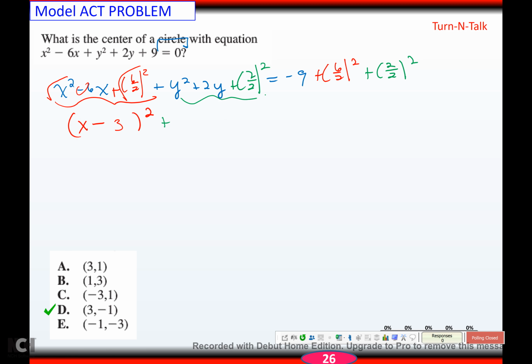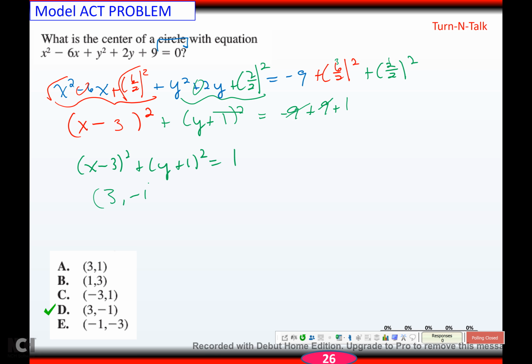Complete the square on y, I have y, sign in the middle is plus, half of 2 is 1, so y plus 1 squared equals, this is going to be negative 9, plus 3 squared is 9, plus 1 squared, 1. Those cancel, and I have x minus 3 squared plus y plus 1 squared equals 1. Okay, which means my center is at 3, negative 1.